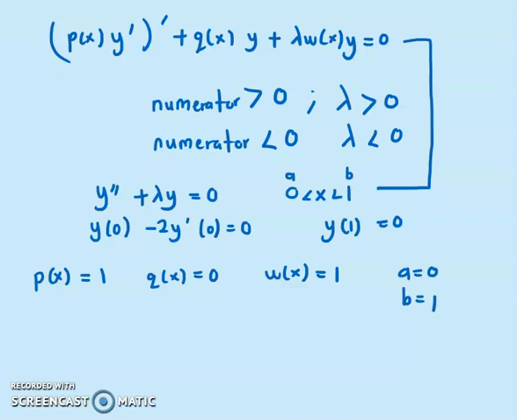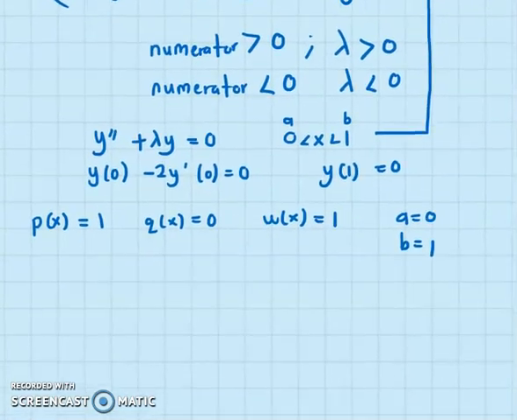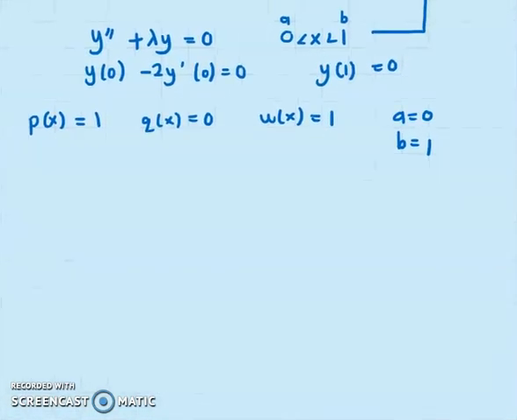Now putting into this Rayleigh equation, what we want is to determine the sign of lambda, which is the eigenvalue. The question is very easy.